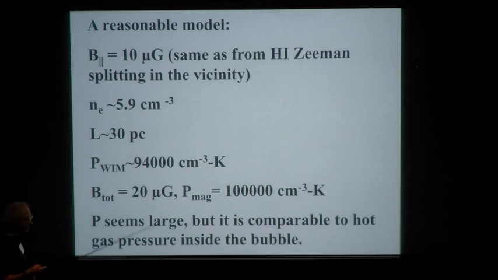And then you look at the emission measures and stuff like that, you find typical electron densities of 6, thermal pressures of the WIM of roughly 10 to the 5th Kelvin per cubic centimeter. That seems like a lot, but remember it's an expanding shell. That's comparable to the dynamic pressure. The total magnetic field, of course, is twice that, which is about 20. The magnetic field pressure is comparable to the WIM pressure.